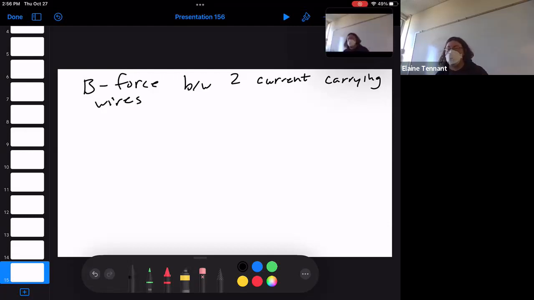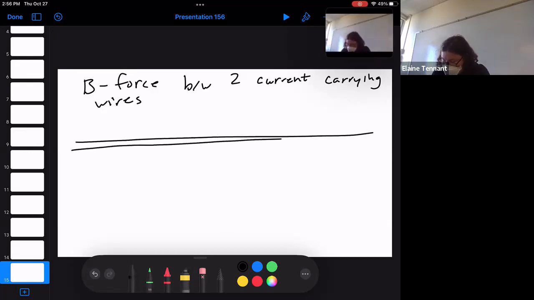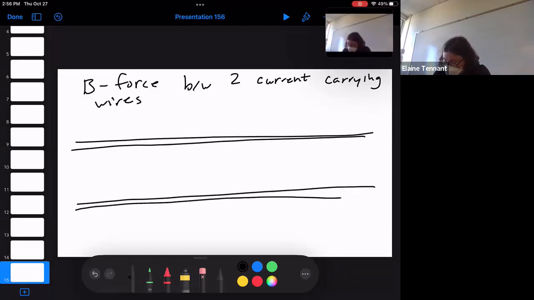From this chapter, we have the idea that moving charge just by itself will create a magnetic field. So if I have two wires that are close enough together that they will be in each other's magnetic field, they should exert a force on each other.